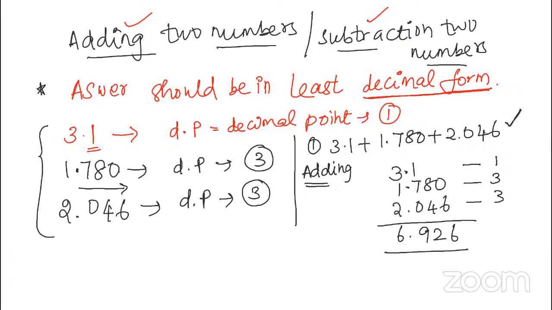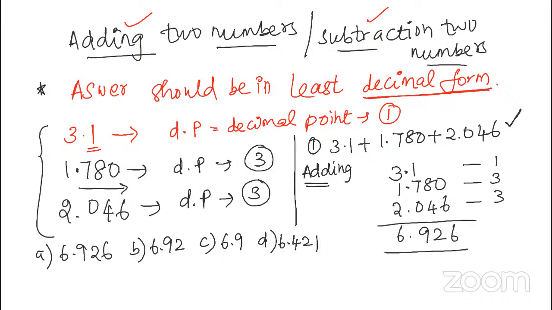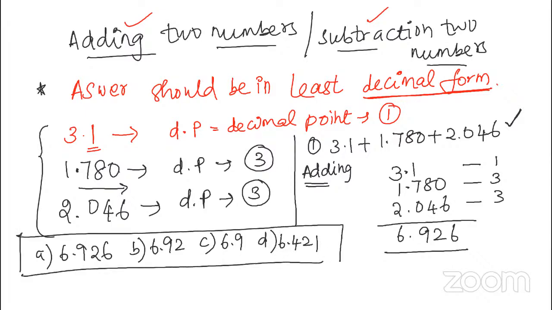So the options given for this question are: for A it is 6.926, for B it is 6.92, for C it is 6.9 and for D it is 6.421. Okay. So from the 4 options, we can choose any one as the correct answer.